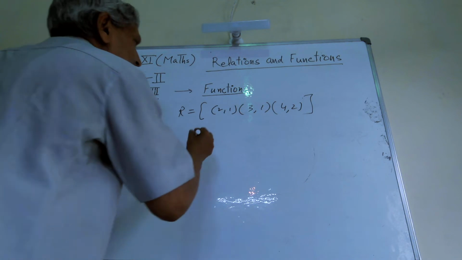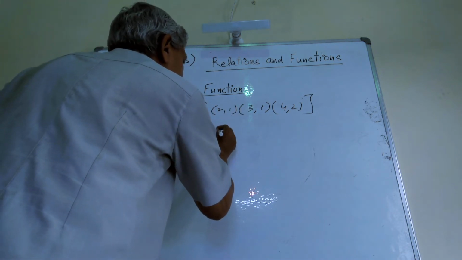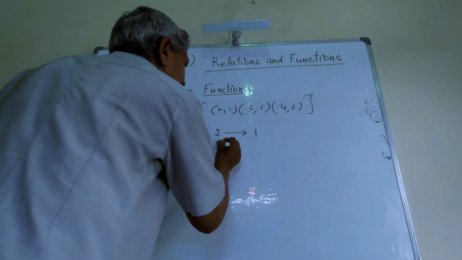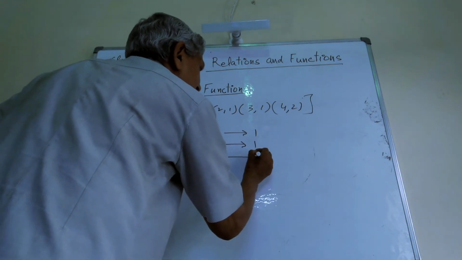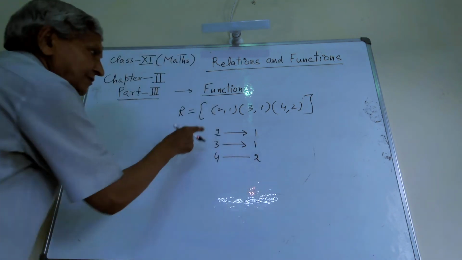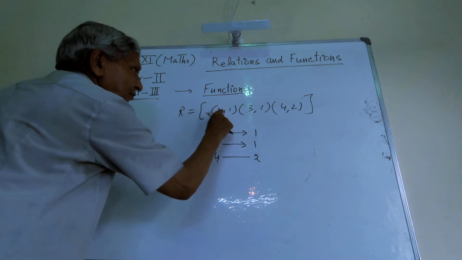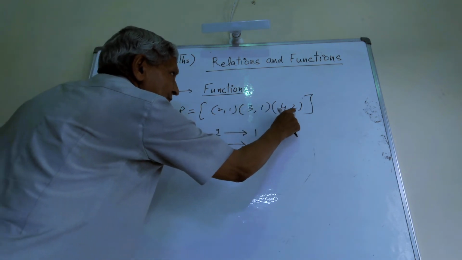And here 2, 1. 2 has an image 1. 3 has an image 1. 4 has an image 2. See here carefully. The image of 2 is 1, image of 3 is 1, and image of 4 is 2.